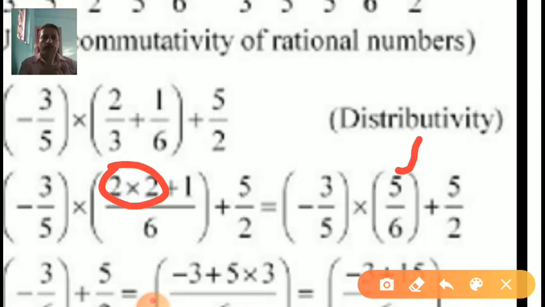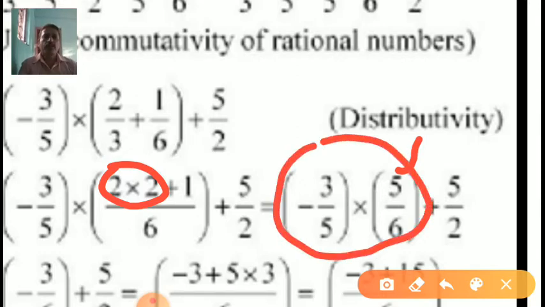Student, be careful. These both numbers are in multiplication position. So in multiplying two numbers, we can cut numerator and denominator if their cofactors are common. If their factors are common, we can take them and divide.